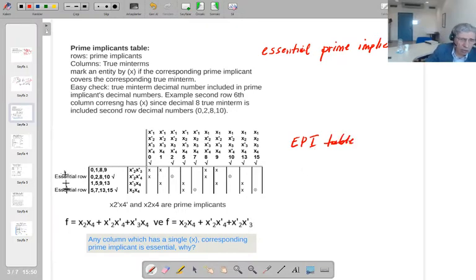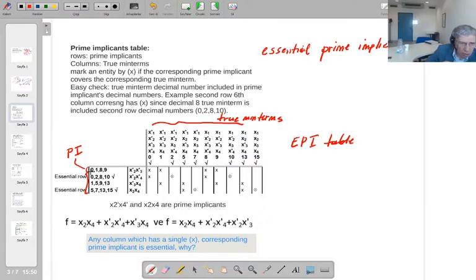How do we write this table? You see the rows here. We write the prime implicants that we found in the previous stage. And these are the true minterms. So this prime implicant, which is x2 prime, x3 prime, covers which true minterms? 0, 1, 8, 9.